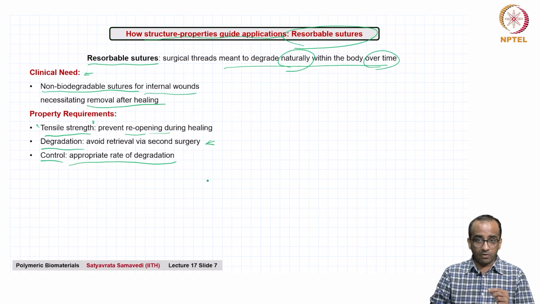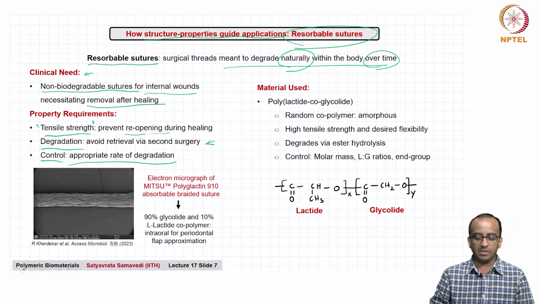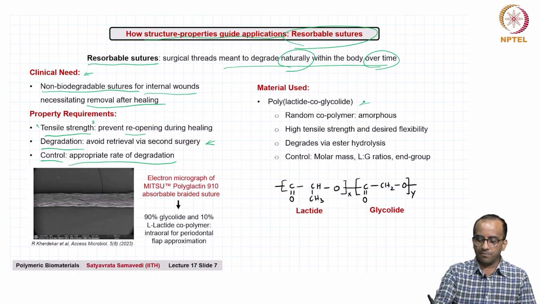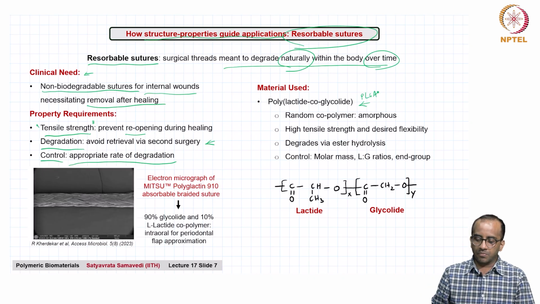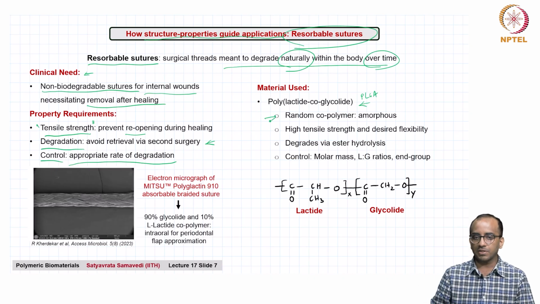So you have to carefully balance some of these properties when you think about designing biomaterials for this application. And one very popular choice that is used for some of these applications is polylactide co-glycolide, which is just PLGA. And we have seen earlier that it's a random copolymer which is amorphous.